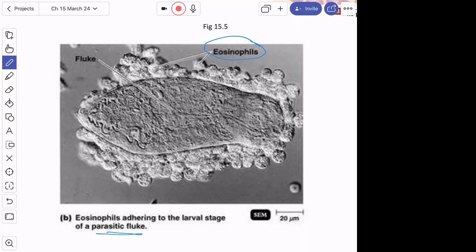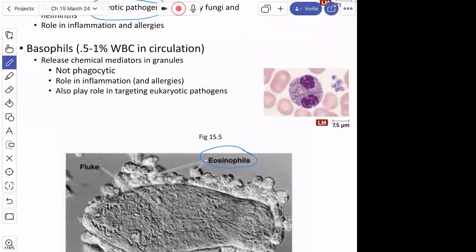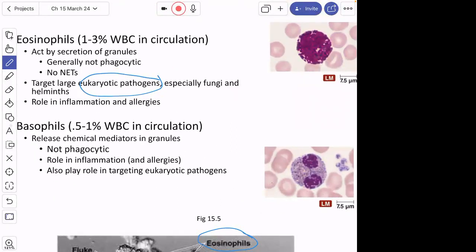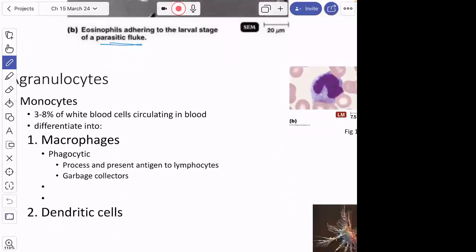We'll talk more about what's in the granules. Basophils have the same kind of function as eosinophils. They're not considered phagocytic, but they target the same kinds of things. All right, so those are our granulocytes.